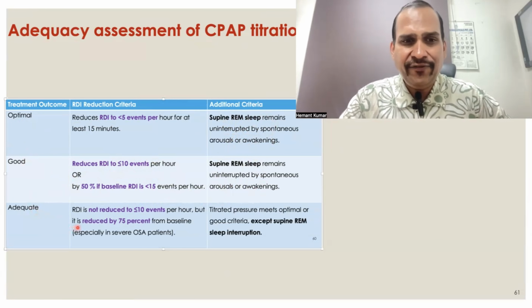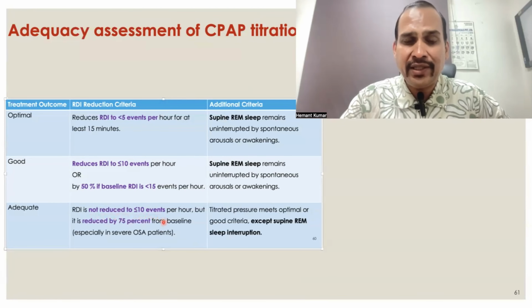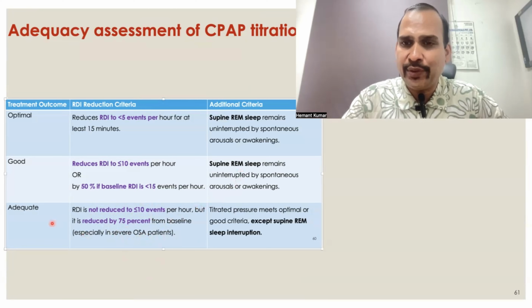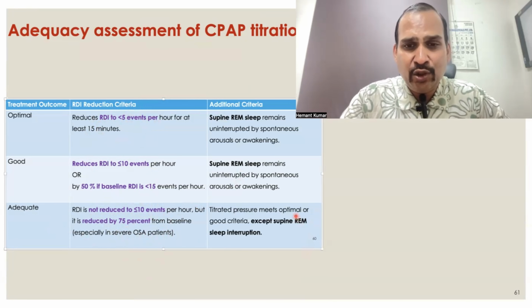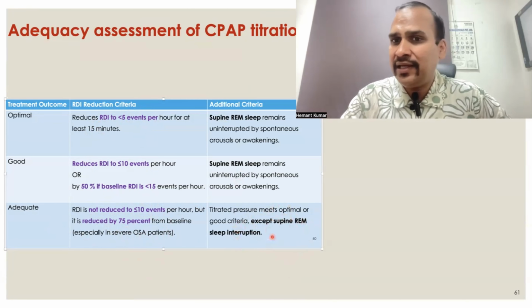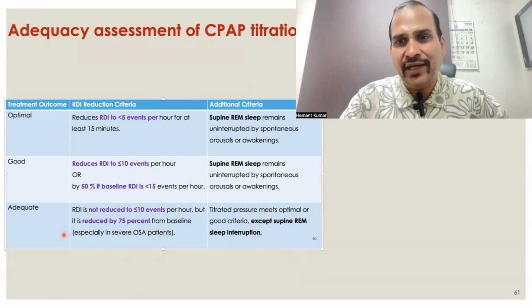Adequate, if RDI is not reduced to less than 10, but there is 75% reduction along with supine and REM sleep, then it's adequate. If the above criteria are met, meaning RDI is less than 5, but there is no supine or REM sleep, or supine REM sleep interruption is there, then it is adequate.